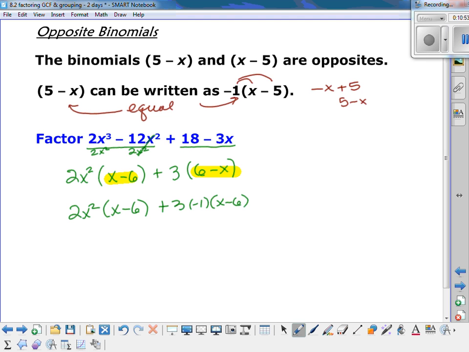And of course, if you do this step in your head, that's okay, because then what you end up with is 2x squared times x minus 6 minus 3 times x minus 6. So yeah, what you do is you make the 3 negative, and then you can flip it around. And now I can factor out the x minus 6, since they're the same now, and I get 2x squared minus 3 for my other parentheses.